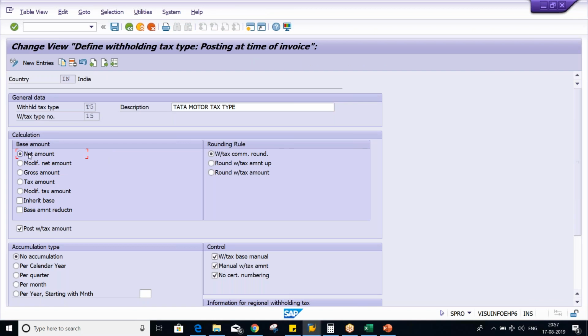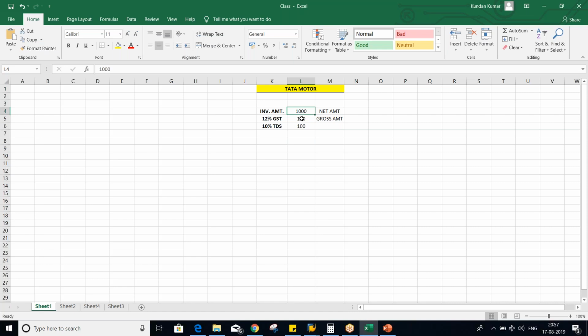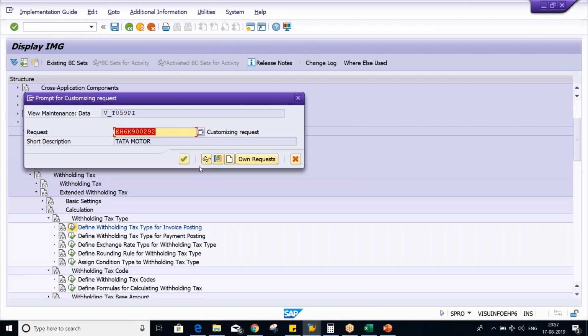So now net amount means what, guys? As I said, invoice amount and GST. So here invoice amount only will be treated as net amount, and on that 10% deduction means 100 rupees, right? Now, if you are going to change, make it gross amount and save it, okay?